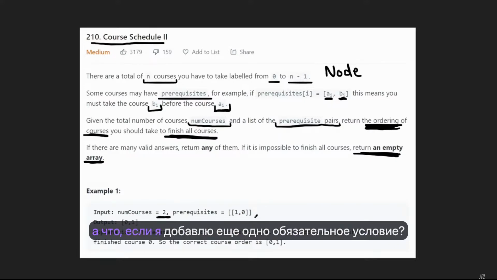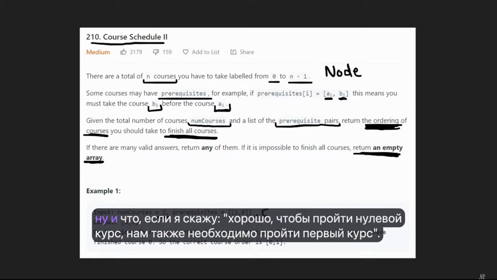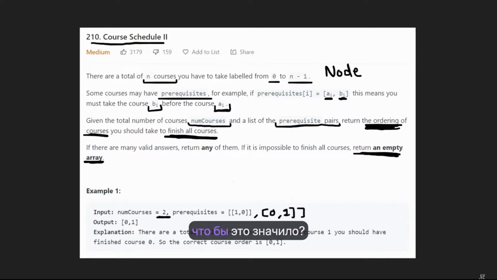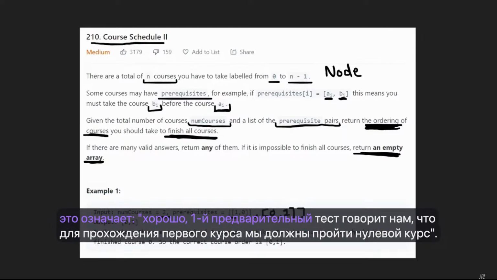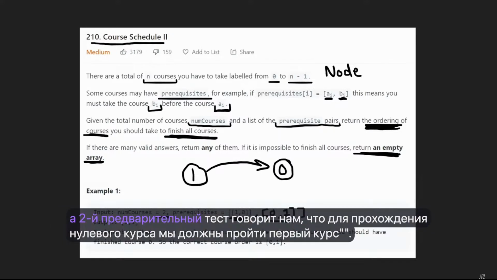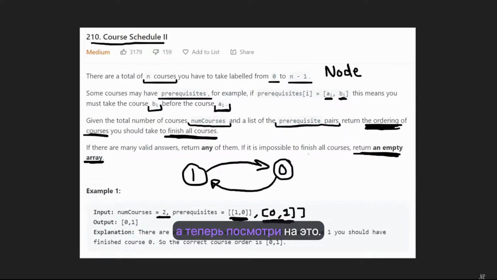Now, what if I added one more prerequisite? So what if I said, okay, to take course 0, we are required to take course 1 as well. What does that mean? That means, okay, the first prereq tells us that to take course 1, we have to take course 0. And the second one tells us to take course 0, we have to take course 1. Now, look at this.